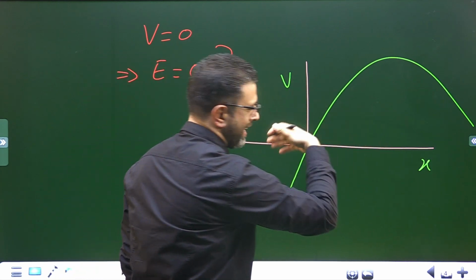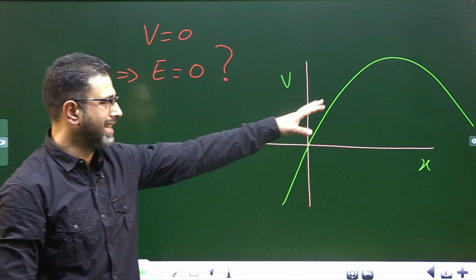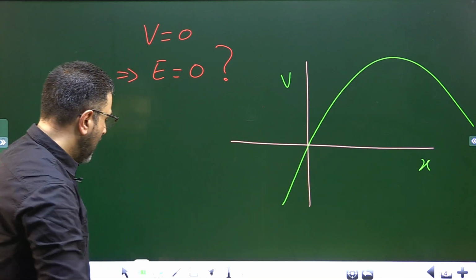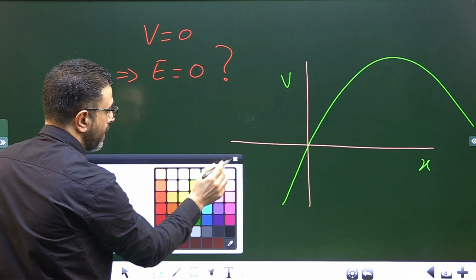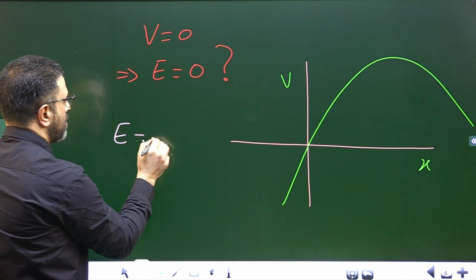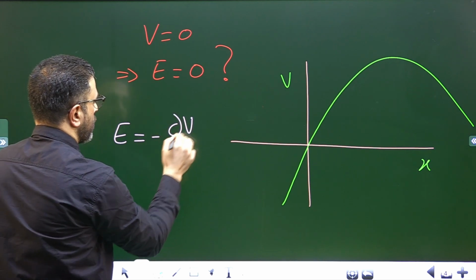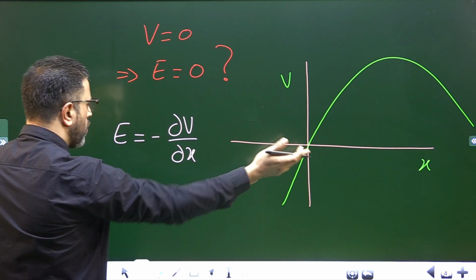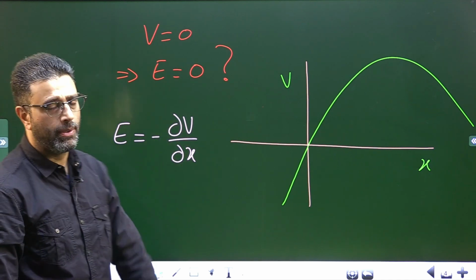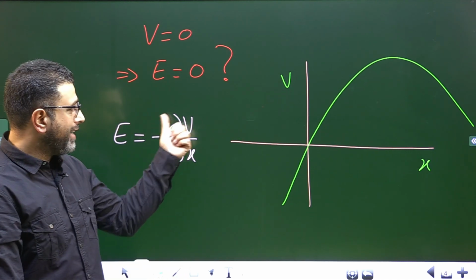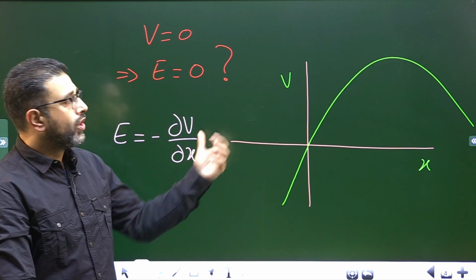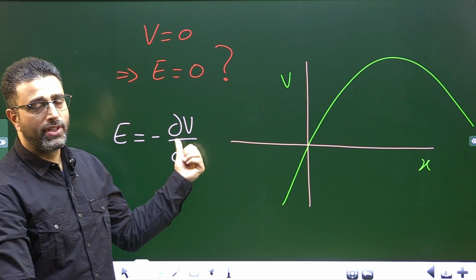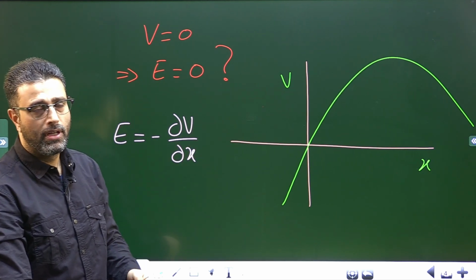is, let's consider the x-axis. So potential along the x-axis varies like this. And field in a region is the negative gradient of potential. We're talking about the x-axis, so minus partial V by partial x. Graphically, that is the slope of the potential versus x graph.